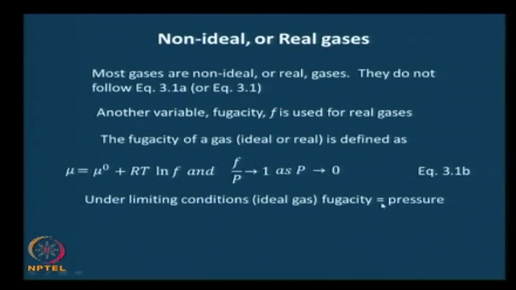And as mentioned earlier, under limiting conditions it should become an ideal gas, and of course it is quite evident that mu equals mu naught plus RT ln F should become mu equals mu naught plus RT ln P, and therefore fugacity must equal pressure for the ideal gas.